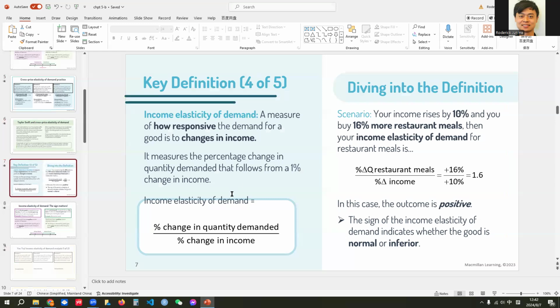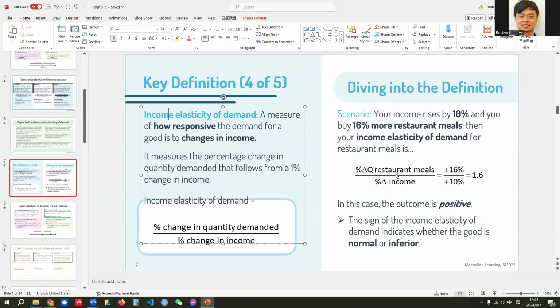Again, the cause is in the bottom, the consequence is in the top of this quotient. So here, income elasticity of demand measures how responsive the demand for a good is to the change in income.